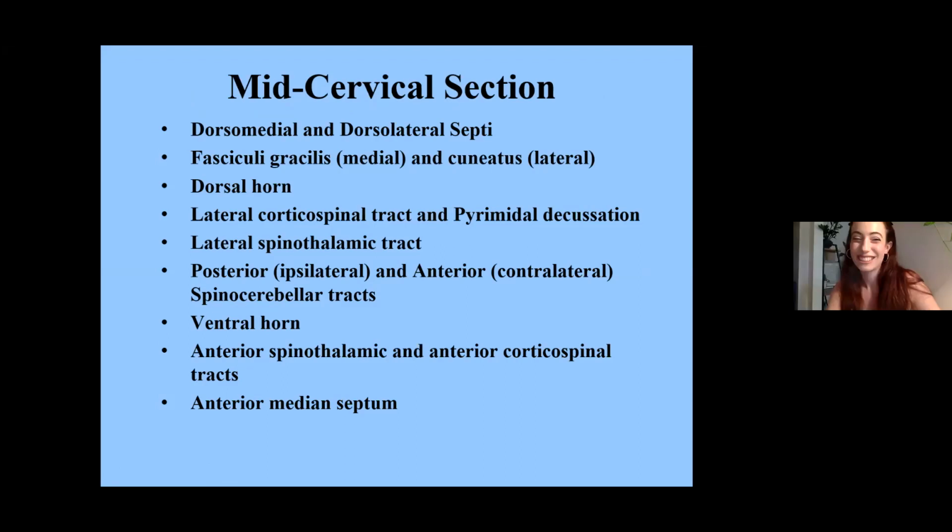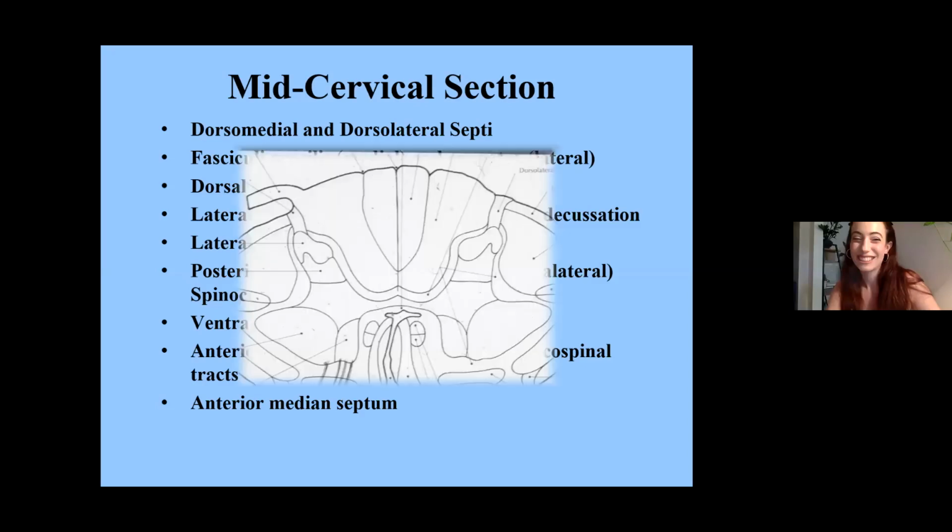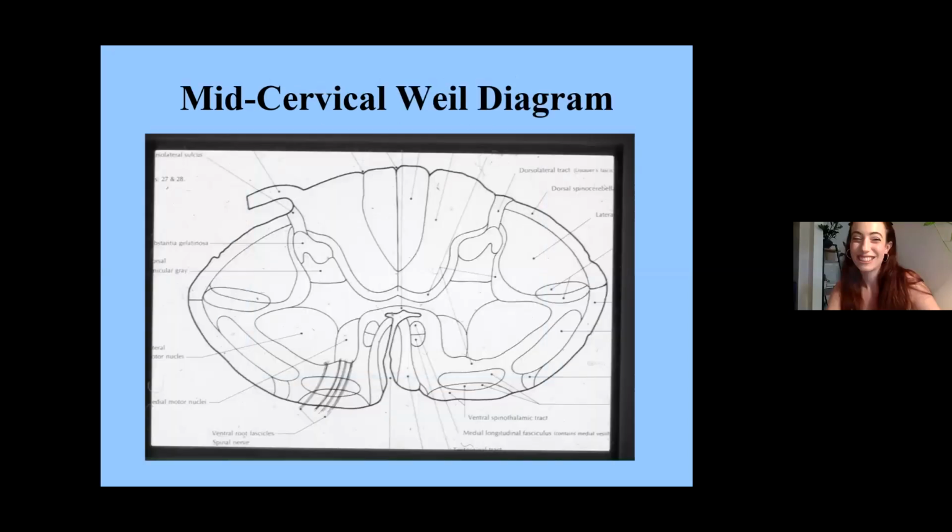But now, not only are we going to see the lateral corticospinal tract, but we're going to start to see the pyramidal decussation. Then we're going to see the lateral spinothalamic tract, then the spinocerebellar tracts, the ventral horn, and the rest.